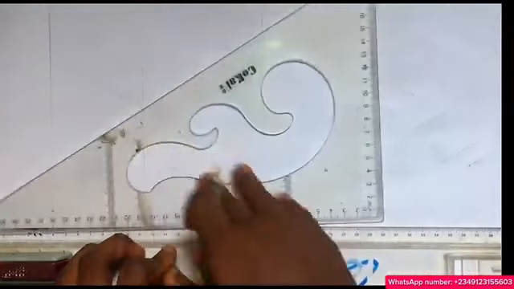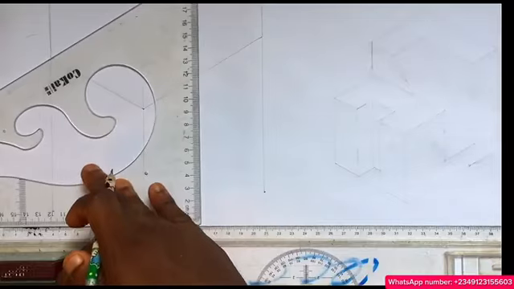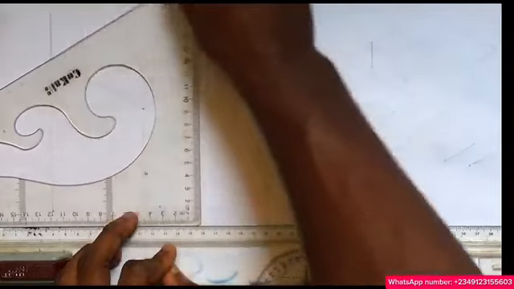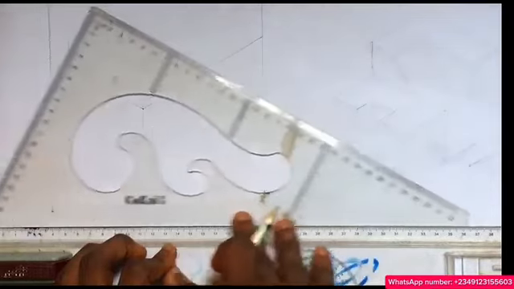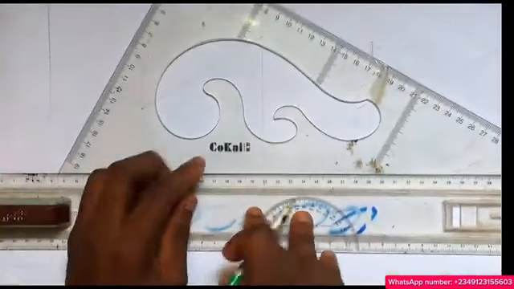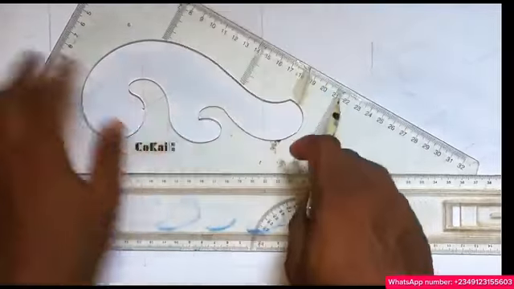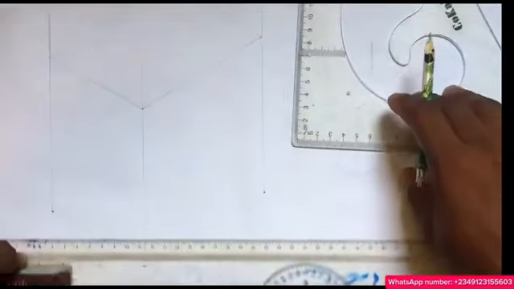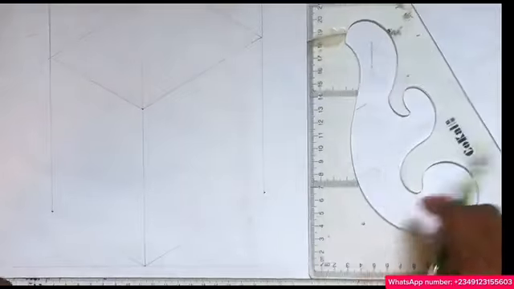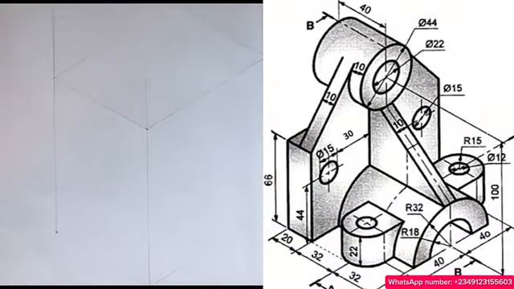As you can see, I'll take my t-square this way around. I'll connect this one down this way, and use this to close it up. Take this up this way a little bit, and I'll close this part up. So I have this figure you are seeing in front of you.